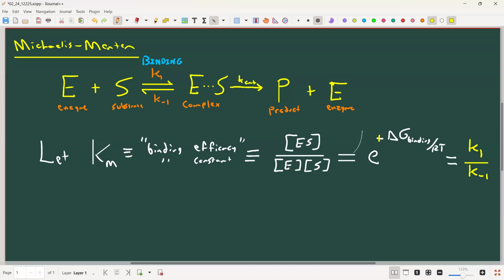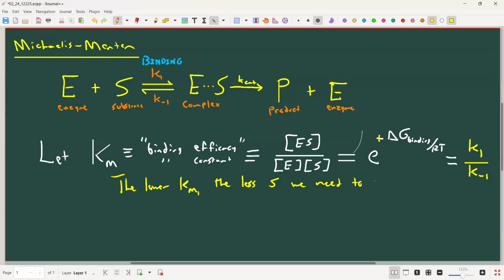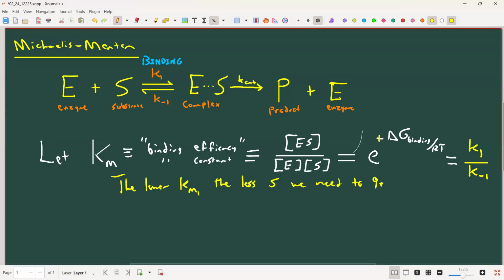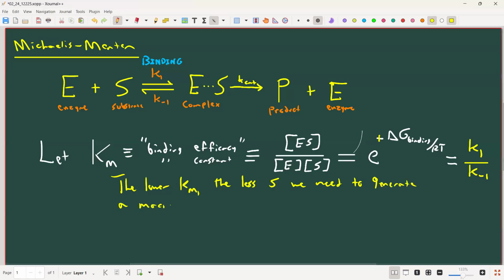Do I have that flipped? No, I don't have that flipped. Right? The lower Km, the less S we need to generate the macroscopic amount of our complex.